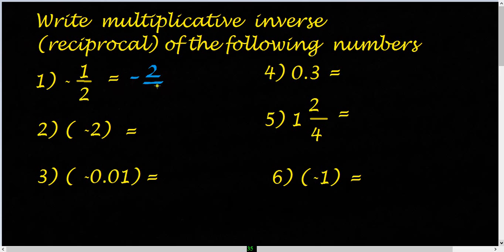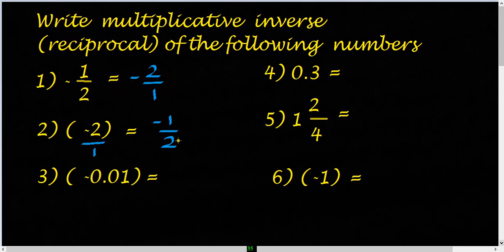When you multiply these two numbers, the answer should always be 1. That is the multiplicative inverse. If you have minus 2, don't change the sign, it will remain the same. If it is minus 2, it is understood the denominator is 1. It can be written as minus 1 upon 2.